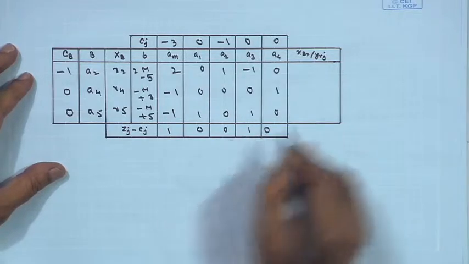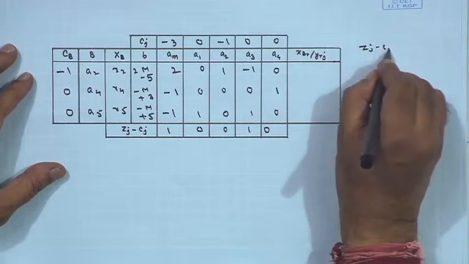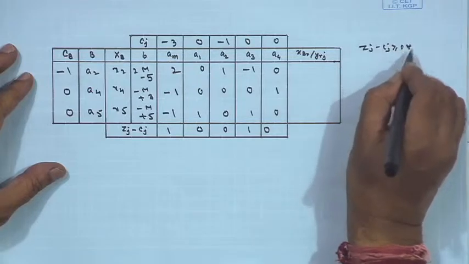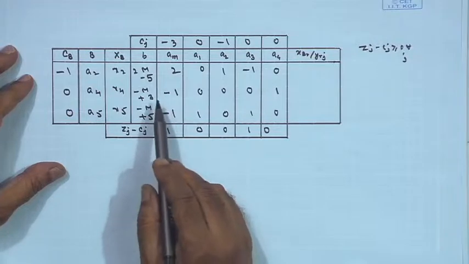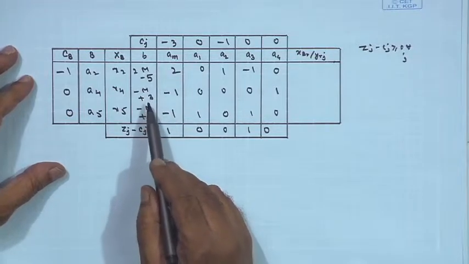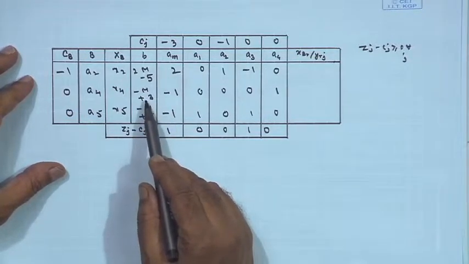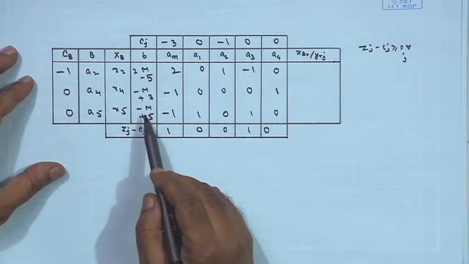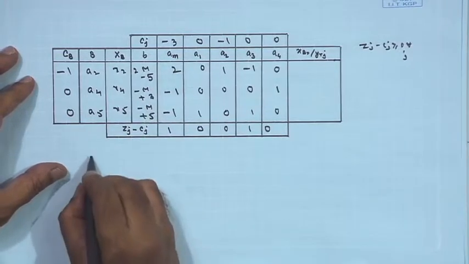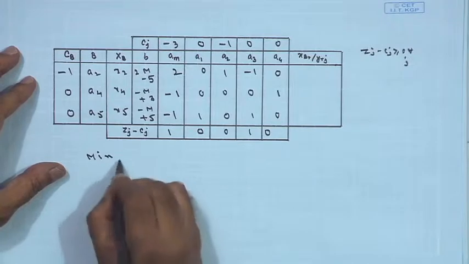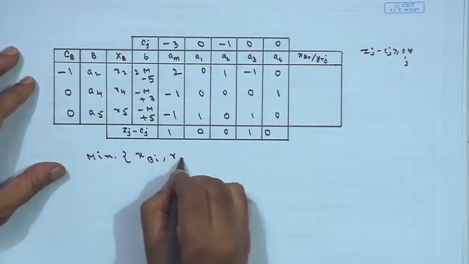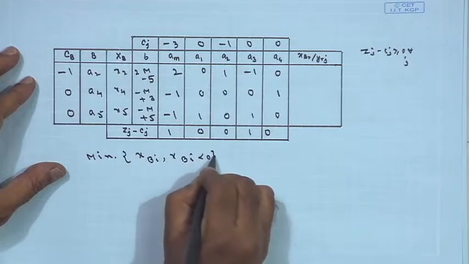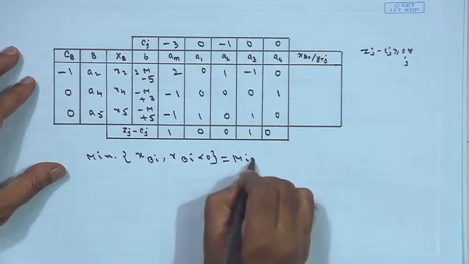Again you see your Zj minus Cj is greater than or equal to 0 for all j, but all xB are not non-negative. At least here you have to check that all xB are greater than or equal to 0. So, the feasibility condition is not satisfied. So, you have to first check which vector will depart. So, the minimum of xBi where xBi is less than 0.